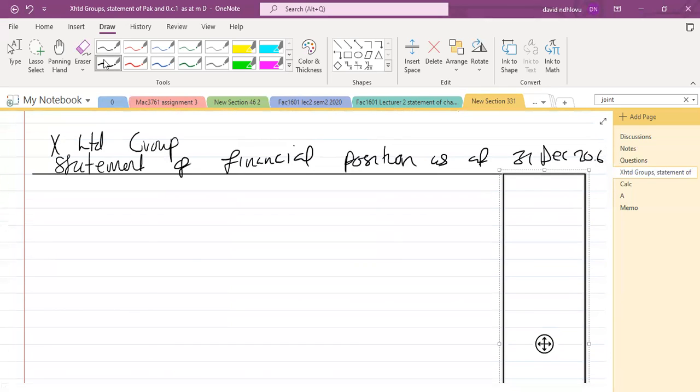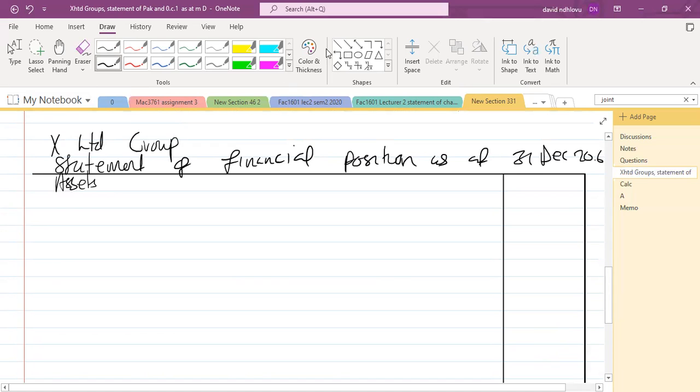Right, we always start by highlighting assets. And then we say non-current assets. On the non-current assets, we have to go through the question so that we can identify these things here.